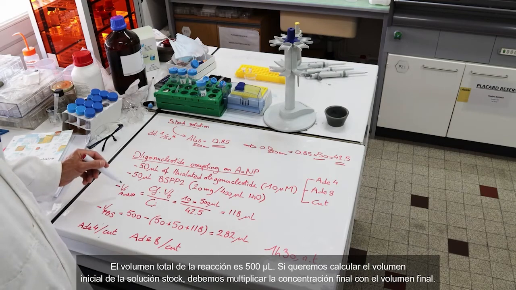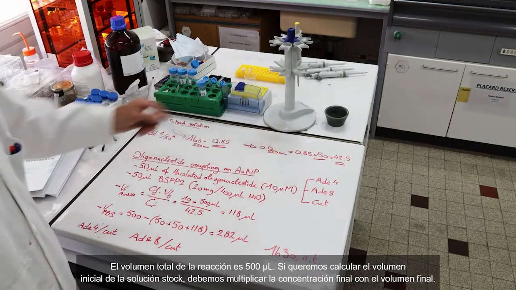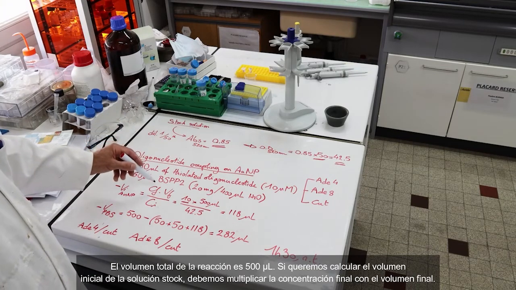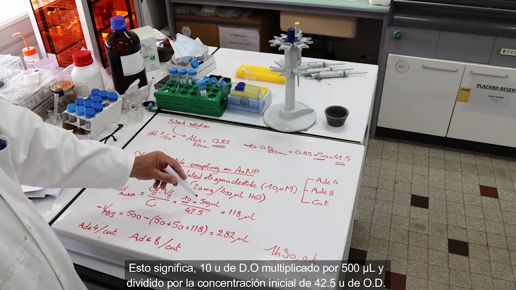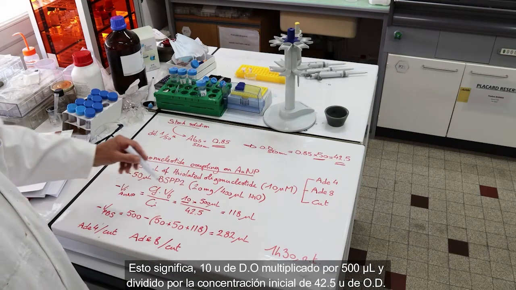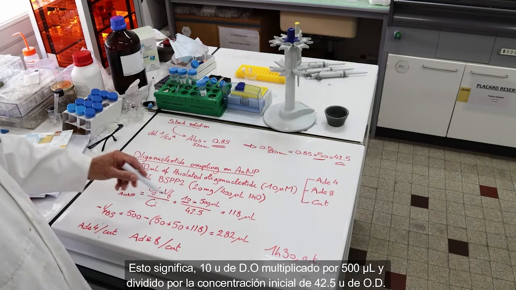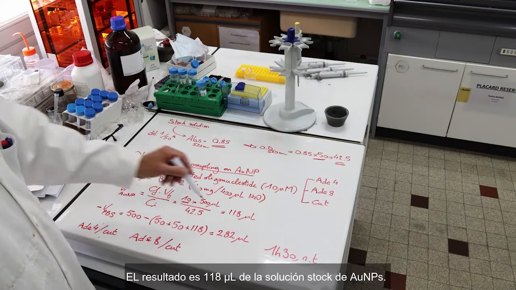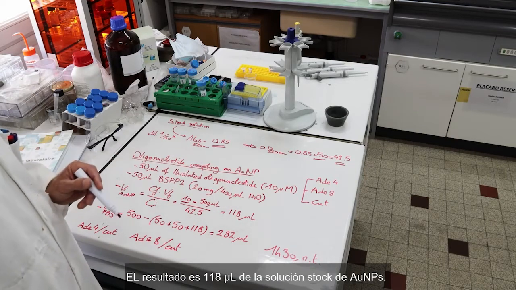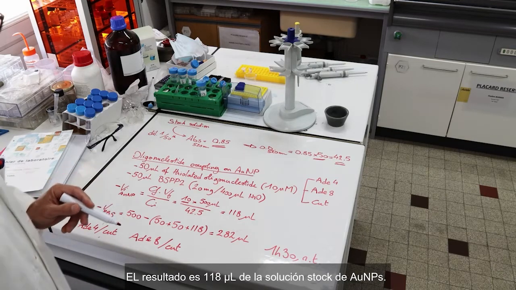So if I want to calculate the initial volume of my stock solution, I have to multiply the final concentration with the final volume, meaning 10 optical density multiplied by 500 microliters, and then divide this product by the initial concentration, meaning 42.5 optical density. The result is 118 microliters of the stock solution of gold nanoparticles.